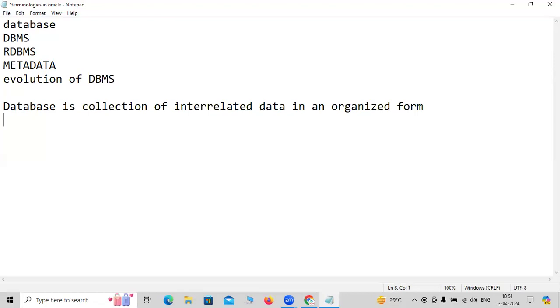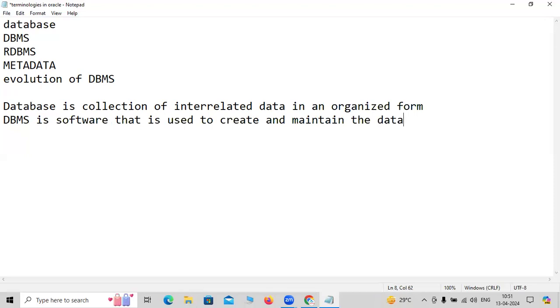What is DBMS? So, DBMS is a software that is used to create and maintain the database. So, DBMS is the database management system.